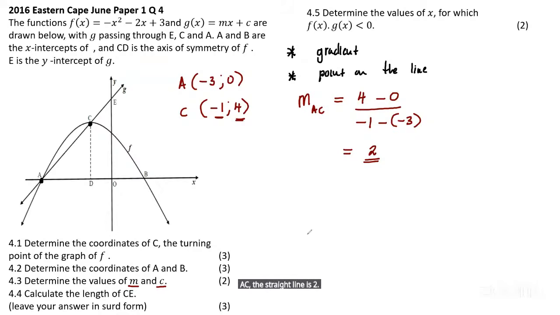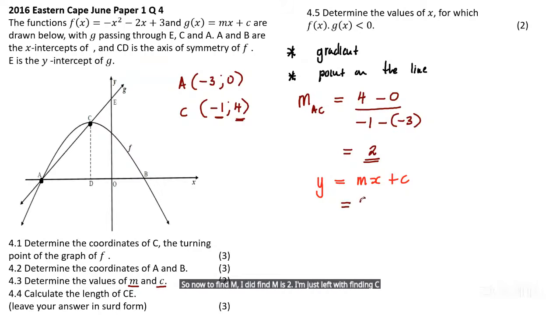I found the gradient. Now let me find the equation. Y is mx plus c. I did find m as 2, so I'm just left with finding c.